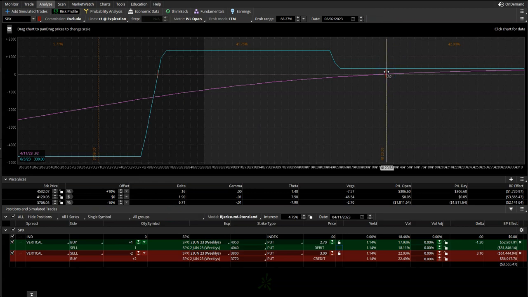And if you think that we're overextended to the upside, if the market is way overbought, there's a very good chance that we're going to pull into the trap. You could start this trade off with a net negative delta. Instead of collecting a credit up front, you could pay a debit, and then you're playing for the price to revert back to the mean. Hopefully, the mean is somewhere inside of the bear trap.